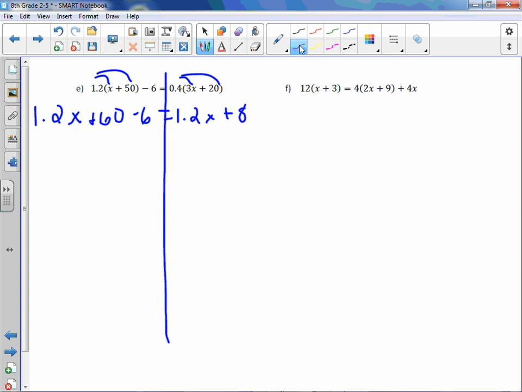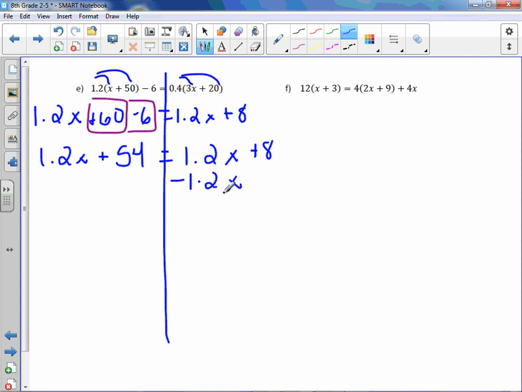We need to combine some like terms. We have positive 60 and negative 6, which equals positive 54. So 1.2x plus 54 equals 1.2x plus 8.